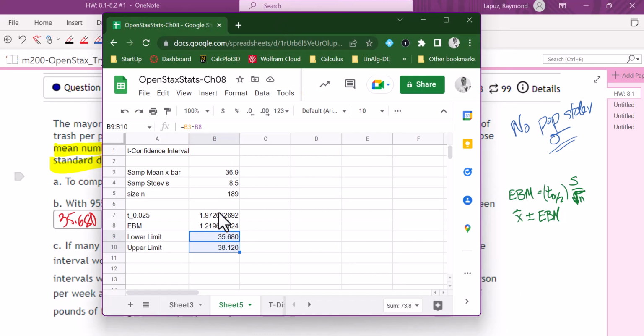Okay, now before we move on, I wanted to show you another command here. In the step-by-step process using Google Sheets, you saw me find our T inverse and then our EBM, and then get to the upper and lower limits. But let me show you another option. For this, I want to introduce the command equals, and I think it's CONFIDENCE.T.